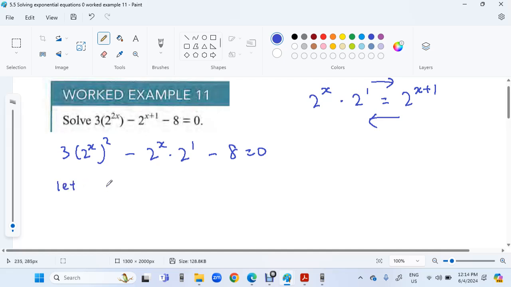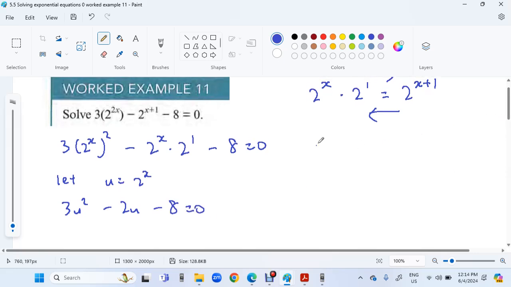So we can let u equal to 2 to the power x. Then we have 3u squared minus 2u minus 8 equals 0. We can do the factorization: 3u, u, 2, 4, minus 6 plus 4.